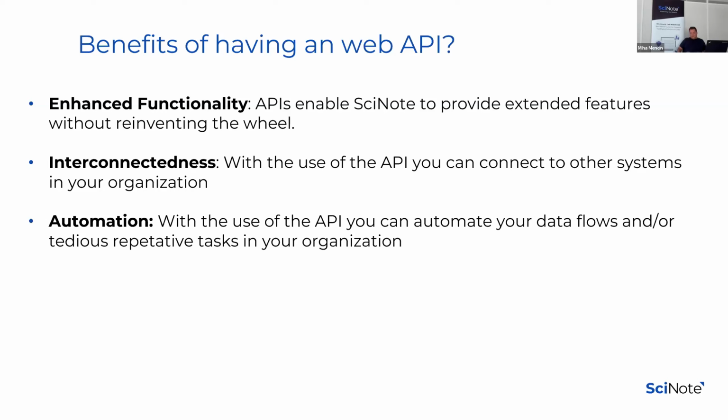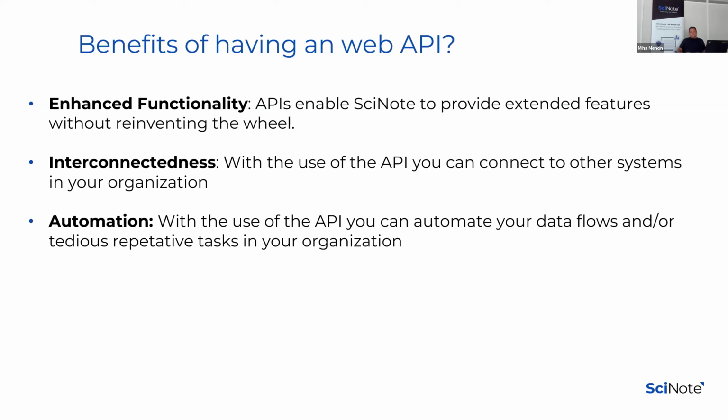The second really important benefit is that if you bring a new system into the ecosystem that you have in your organization, it can be connected to the other systems. So SciNote can, for example, know the list of your clients that you hold in another system, and of course with the use of the API.